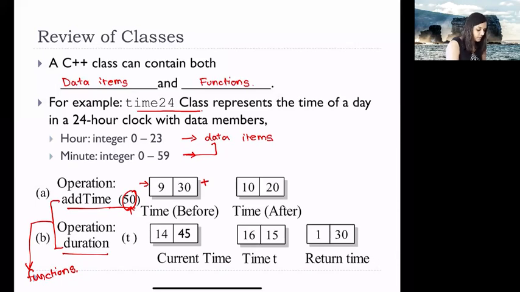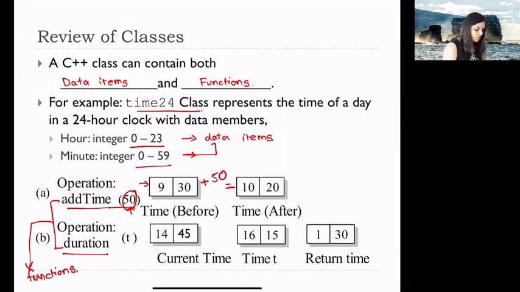If we consider that our clock system is from 0 to 23 hours, and in any clock system we always have 60 minutes, 0 to 59, then with this add time operation, we want to add 50 to this 9:30. Common sense, you know that 9:30 plus 50 minutes will give you 10:20. That will be your result time, and this is what we want that function to do.